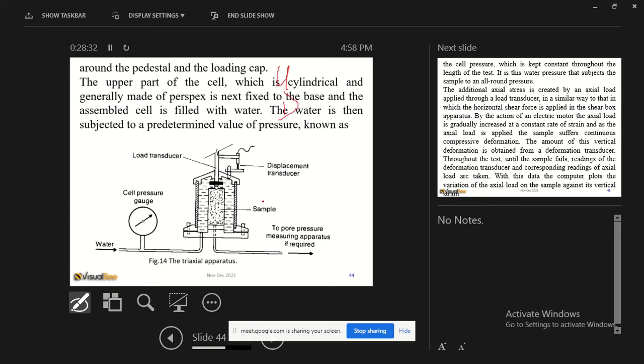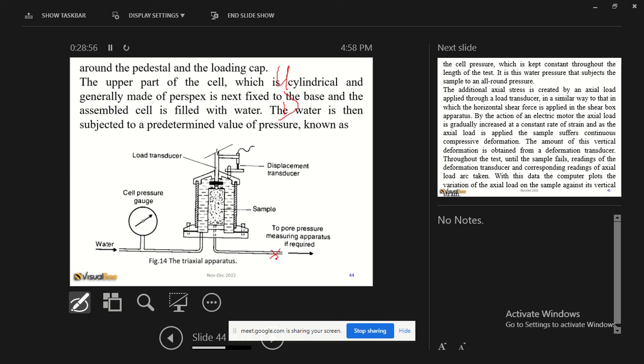You see this valve here to the pore water. This has a valve that can be closed or opened. So literally, when you are adding the pressure and the sample is saturated, water will try to flow away.